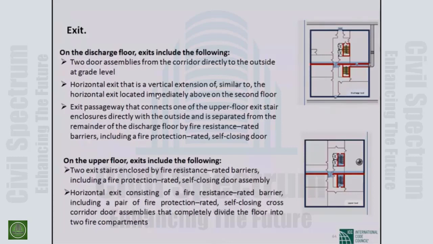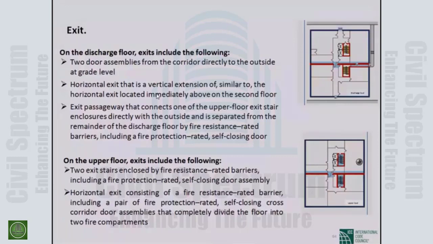On the discharge floor, the top figure is the discharge floor. If I read from the written, on the discharge floor, exit includes the following: 2 door assemblies from the corridor directly to the outside at the grade level.